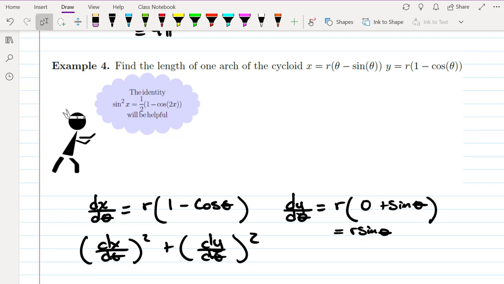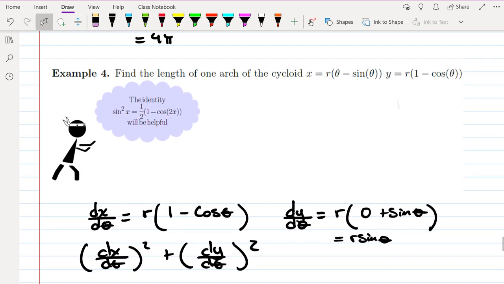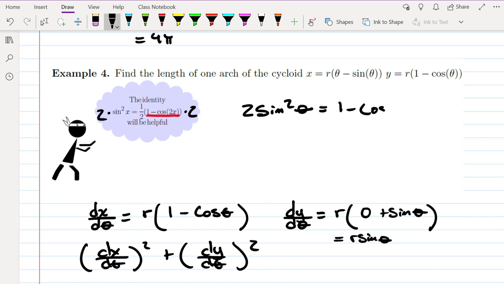So we've got this identity, and we notice, well, we have a 1 minus cosine theta on the inside. Well, that's exactly what we have right here. So if I multiply both sides of this equation by 2, that says that 2 sine squared of, I'm going to put thetas in, is equal to 1 minus the cosine of 2 theta.